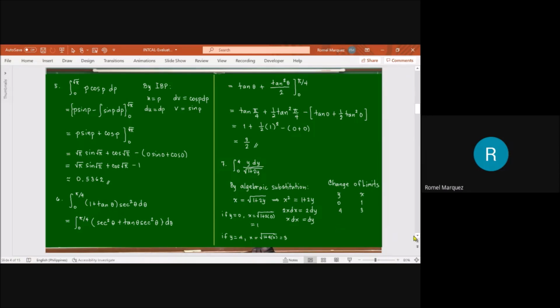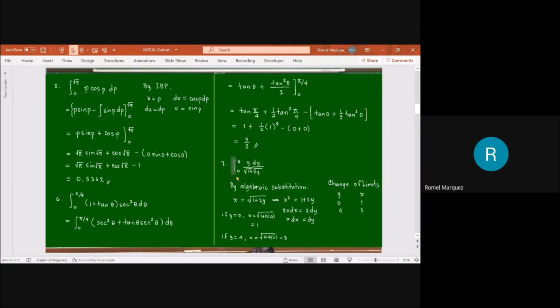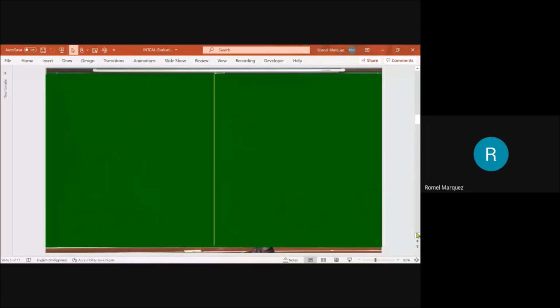So let's now have the substitution. Remember the representations we have, guys? So it's the integral from 0 to 4, y dy over square root of, let's copy that problem. So we now have this integral as what? Equals, what's the numerator, guys? Y dy.